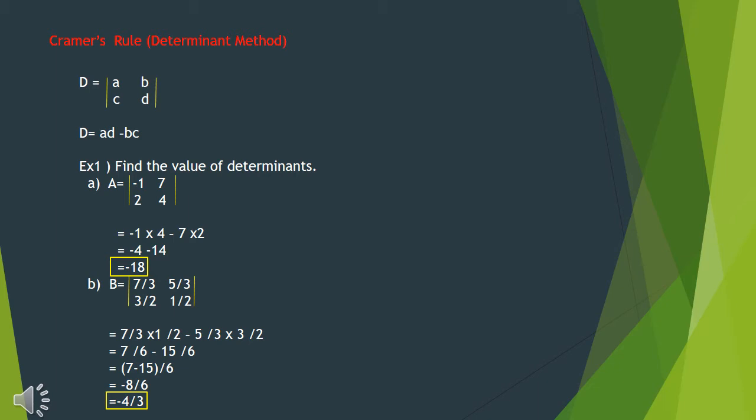So, here by multiplication we get 7 by 6 minus 15 by 6. Here the denominator is the same, so we can write 7 minus 15 divided by 6. So, 7 minus 15 becomes minus 8 upon 6. By dividing by 2 and simplifying this ratio, we get determinant B equal to minus 4 by 3.